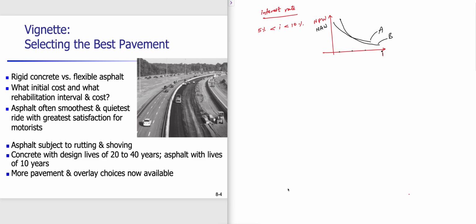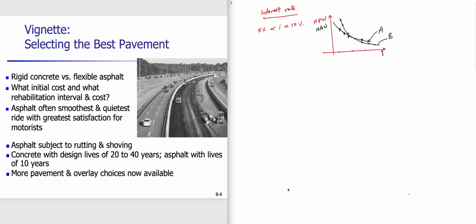So when we change the interest rate, the reason we're changing it is we're not sure. So we assume that this is the interest rate range, and we plot the two ideas. So this is, let's say, option B. Let's say this is option A, right?